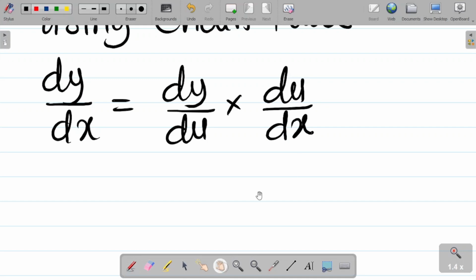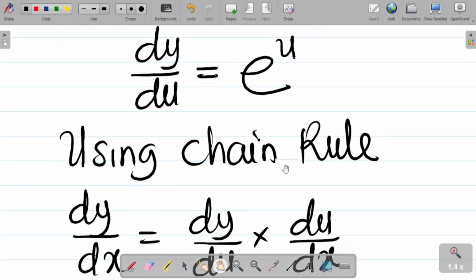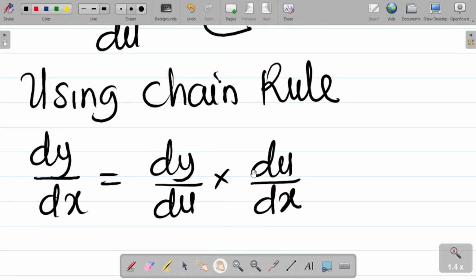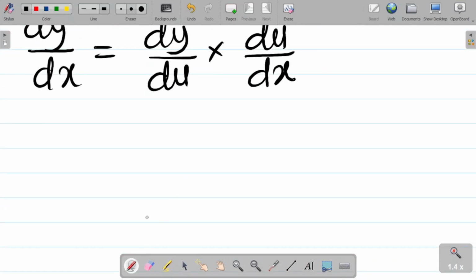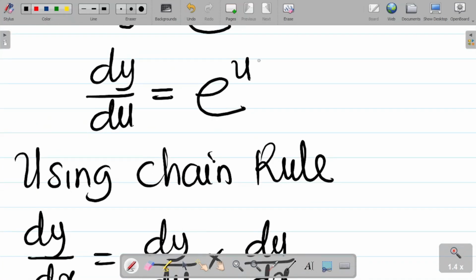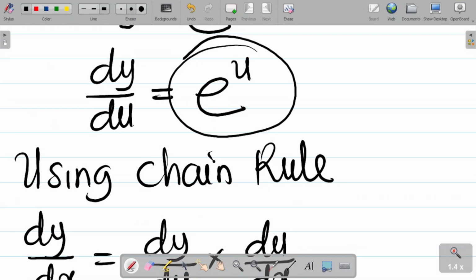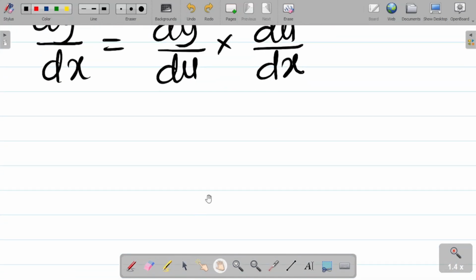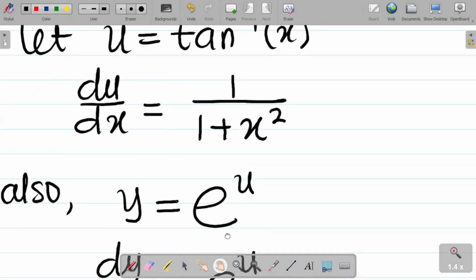Alright, so we have this. Our next task will now be to substitute the value of dy/du and also du/dx. Right, we have that dy over du from this point here. We have that dy over dx is simply dy/du, which is exponential u. So that means I'll come here. This is now equal to dy/du, which is exponential u, multiplied by du/dx from what we have here.